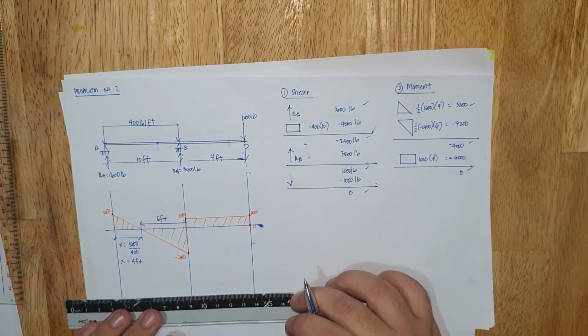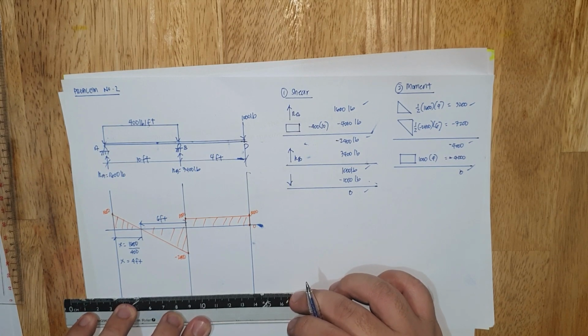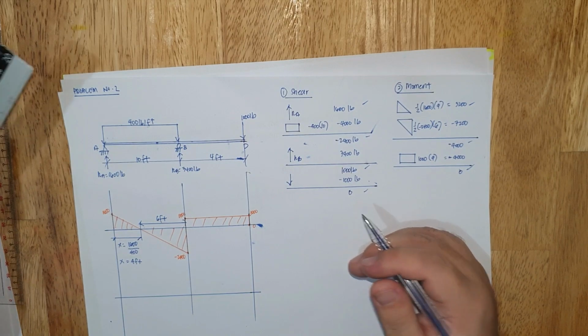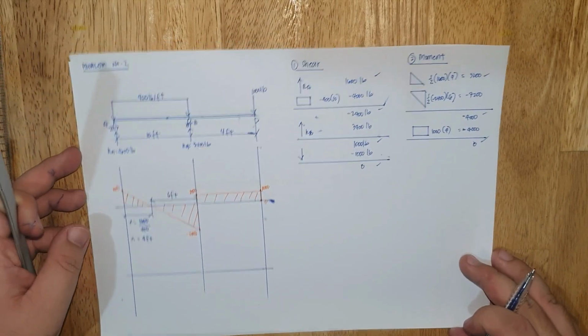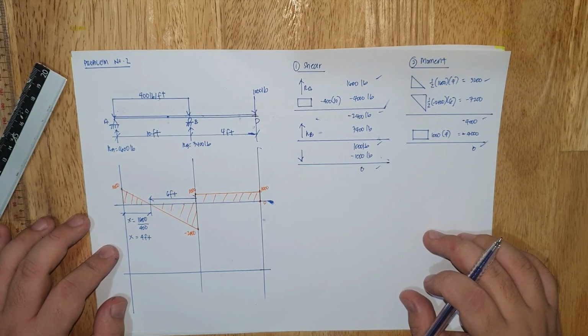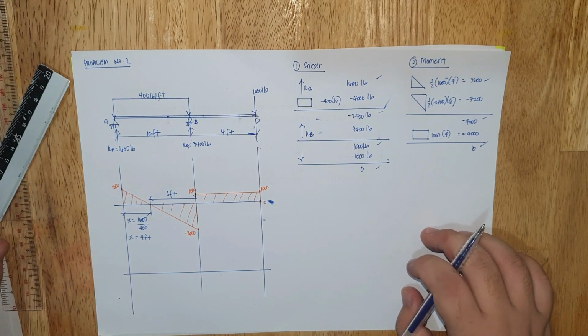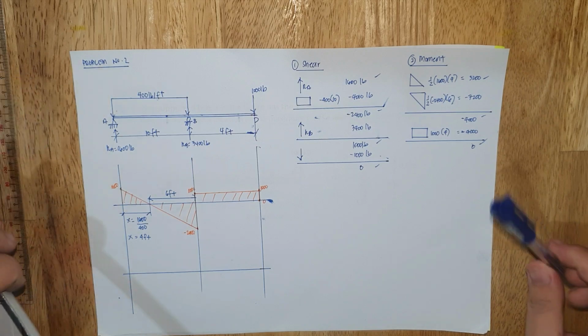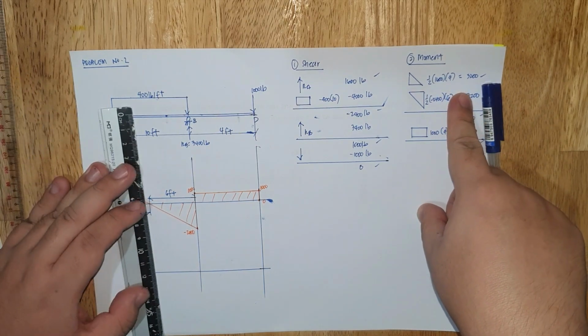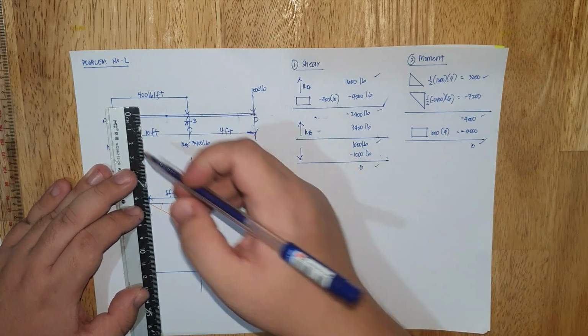Okay, so graph lang natin yung moment. To natin is mapupunta dun sa point of zero shear natin na una.